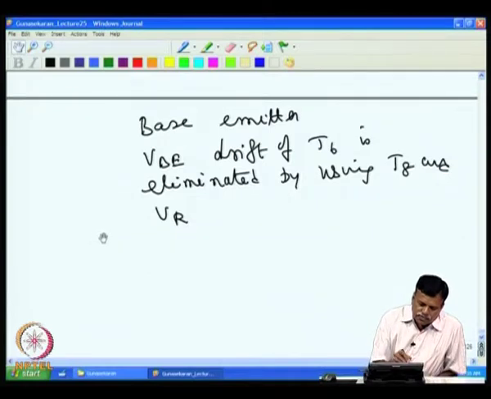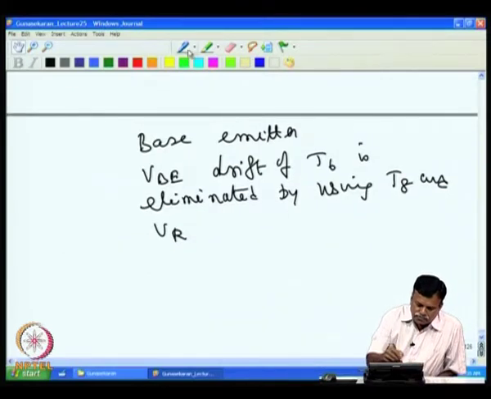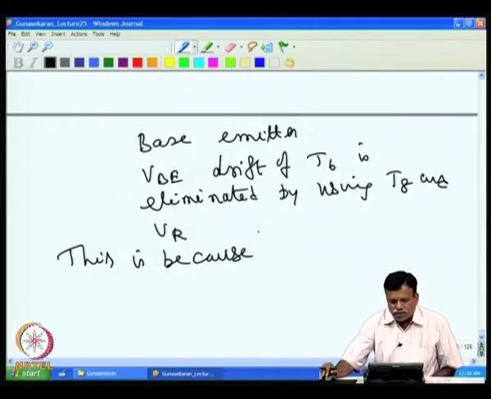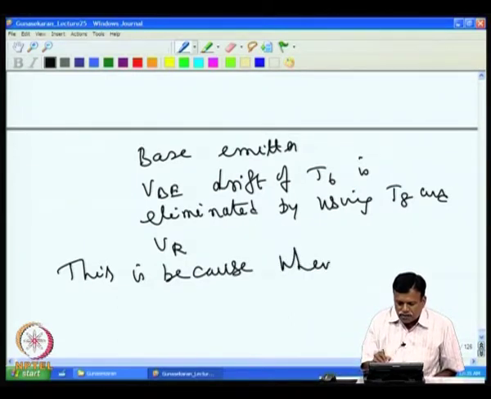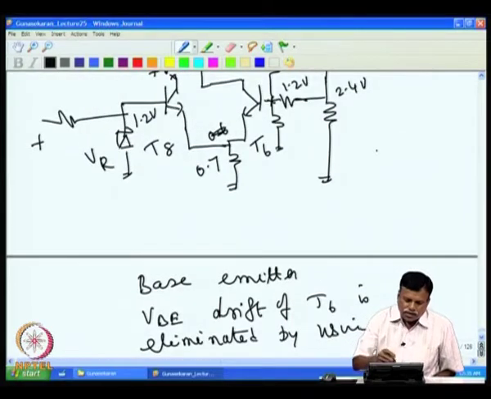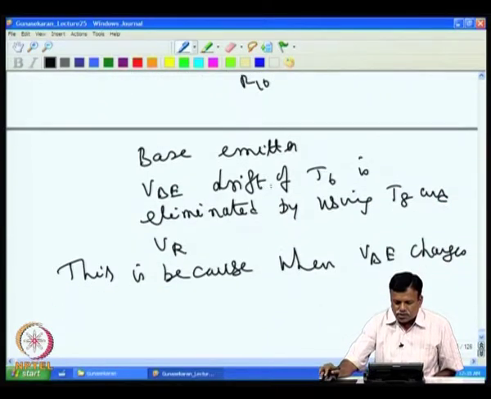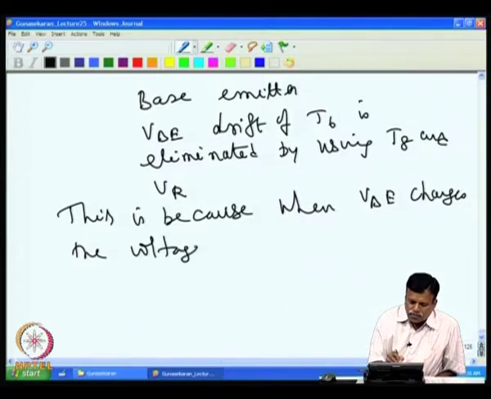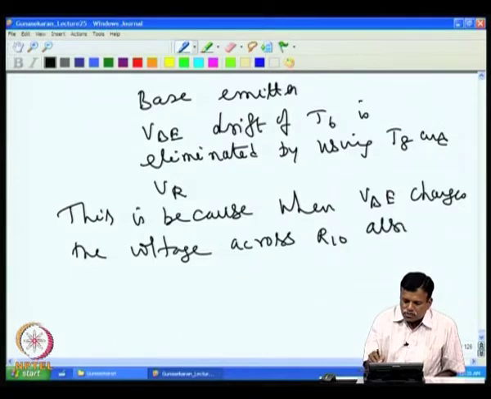This is because when VBE changes, I will call this resistance R10, the voltage across R10 also changes.